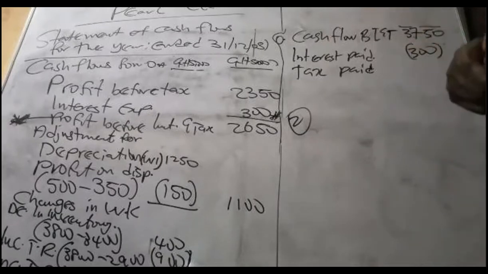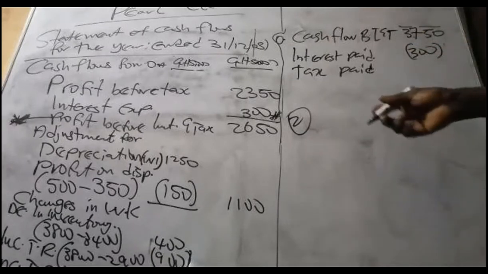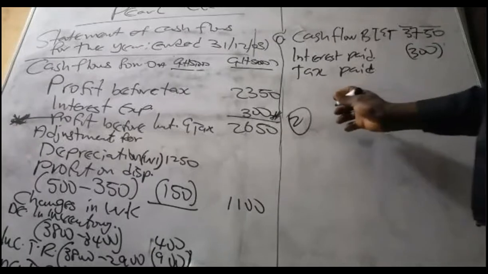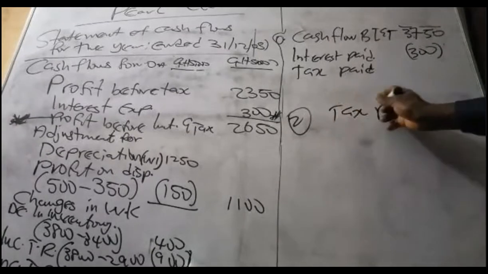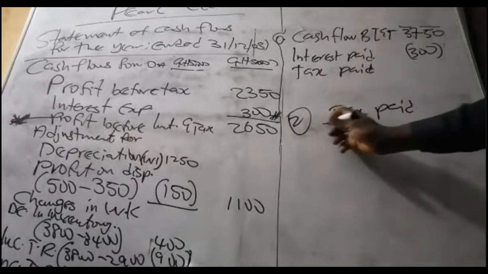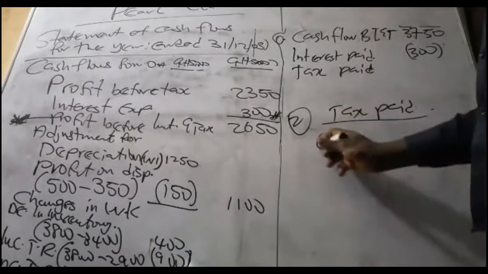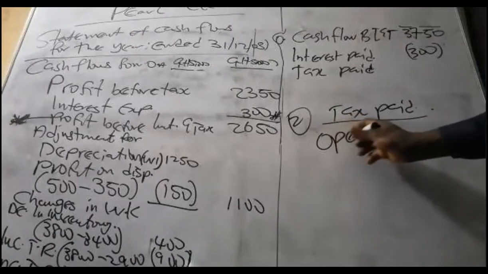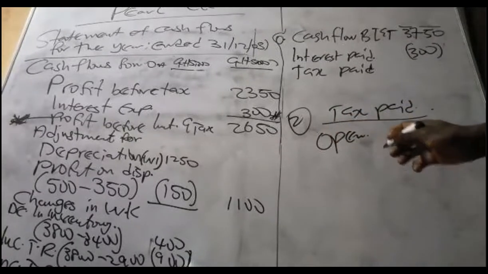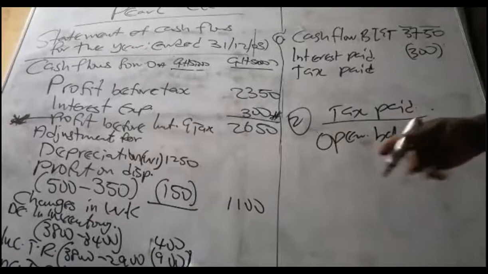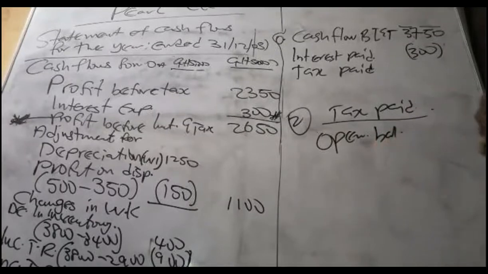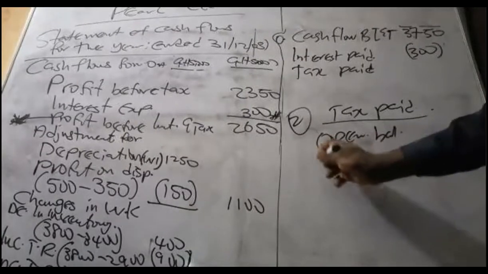So the working number two, the tax paid, is the three-step approach: the opening balance of the tax liability, the income tax expense, and then the closing balance. We are done. So let's go to the question. Let me write the income tax expense here.